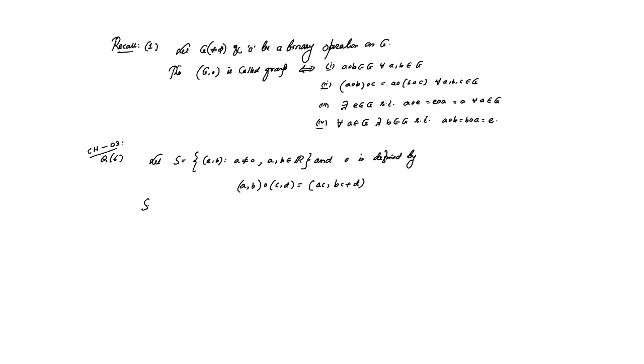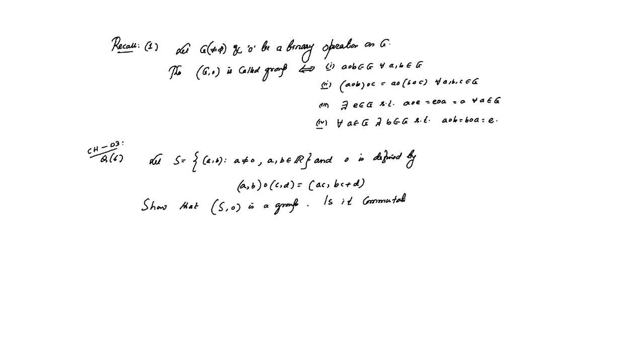Show that S with this operation ∘ is a group. And the next question is, is it commutative?